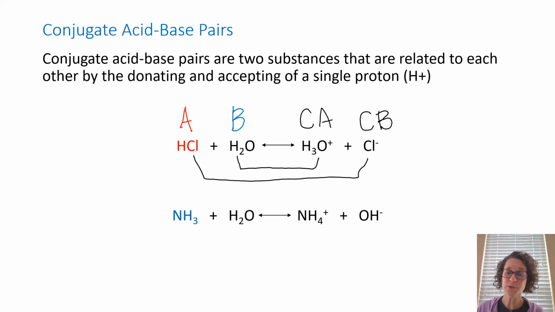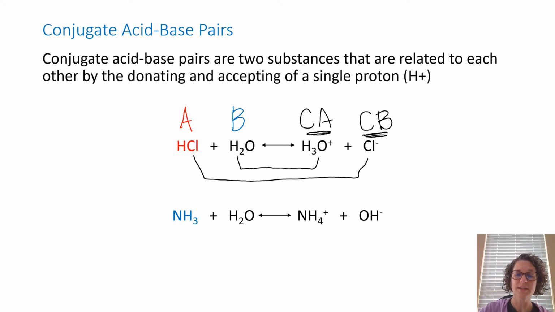Okay, so those are the pairs. You have an acid with its conjugate base and a base with its conjugate acid, and they essentially could go back. The conjugate acid on this side could donate the hydrogen back to the conjugate base, and we would be back where we started. So that's why you see these as equilibrium reactions, because that's what is actually happening.